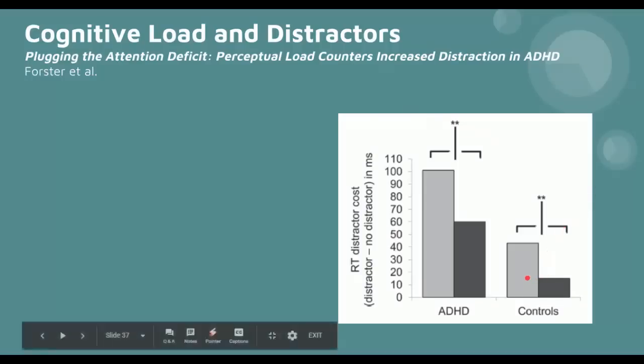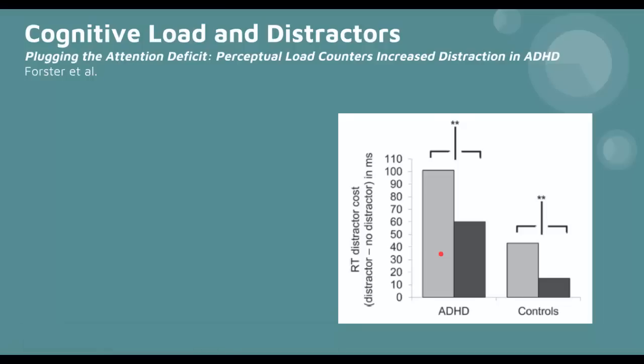So two things to notice. If I look at the difference between the gray bars, between the control group and the ADHD group, typically the ADHD group takes about twice as long, I would say, to process the distractor under normal circumstances, under a low perceptual load.